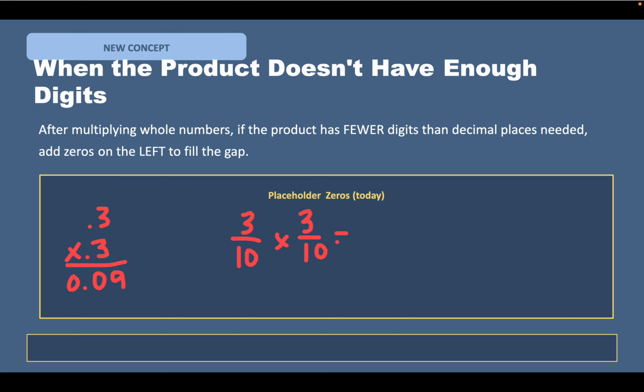And if we figure this out as a fraction, we end up with 9/100. And so that's why our answer is the same, 9/100ths. And that's what we have here as a decimal, 9/100ths. So just another way to think about multiplying by decimals.